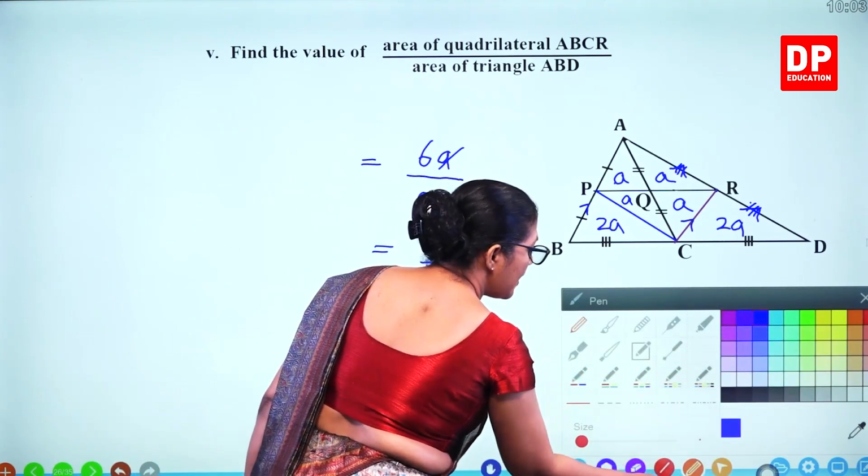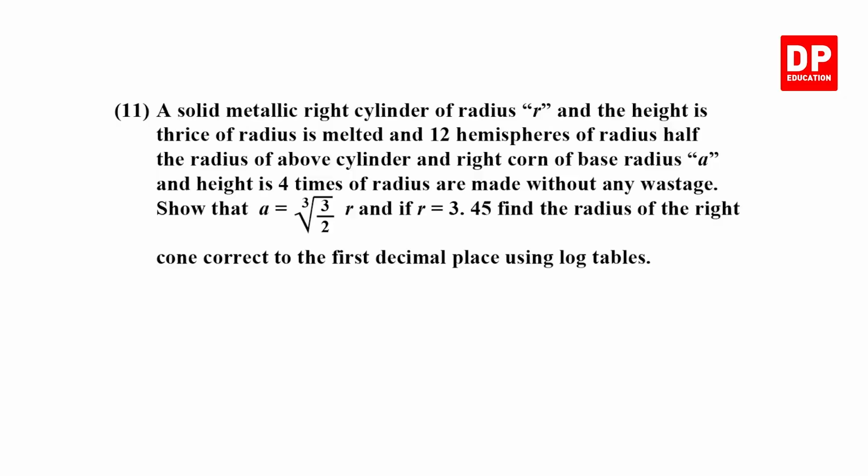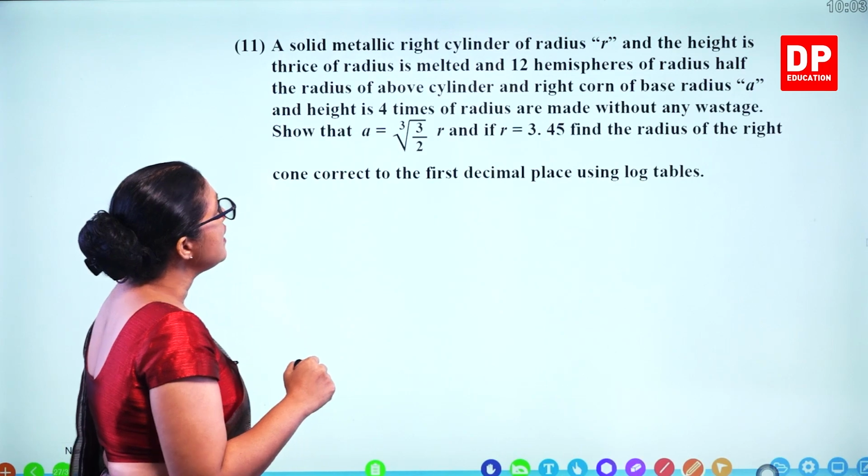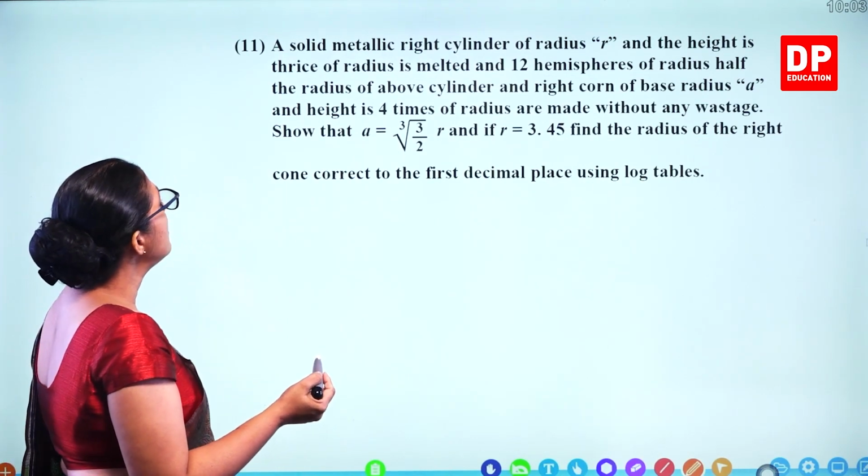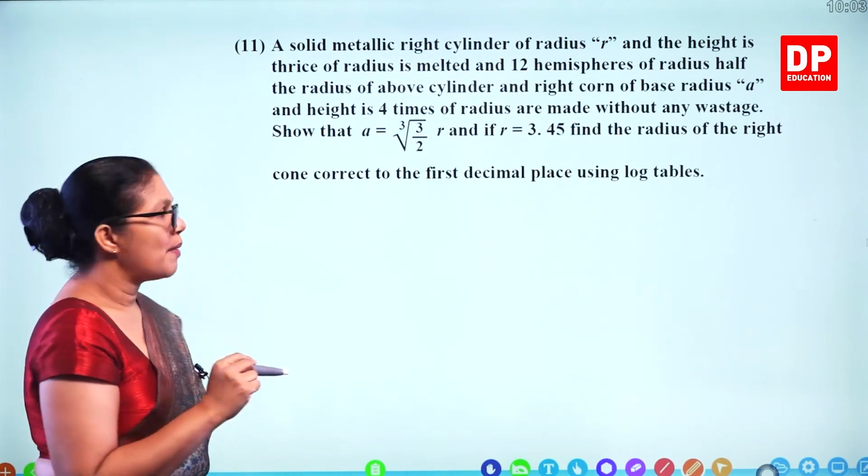Now let's take the next question. Question number 11. So you have to make an equation and find out the radius using log tables.